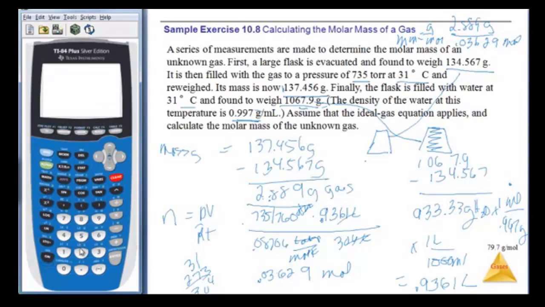I'm going to get 2.889 divided by 0.03629 equals 79.7 grams per mole. Looks like that agrees with the answer. Okay.